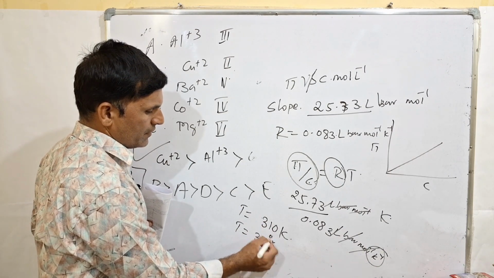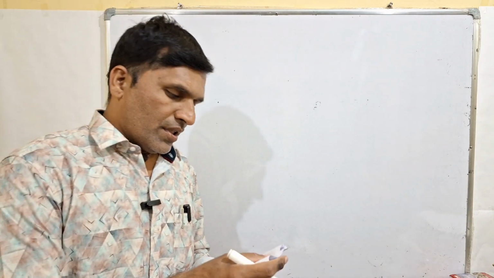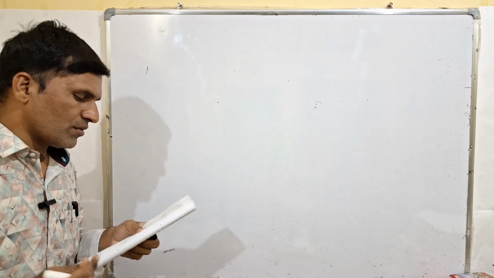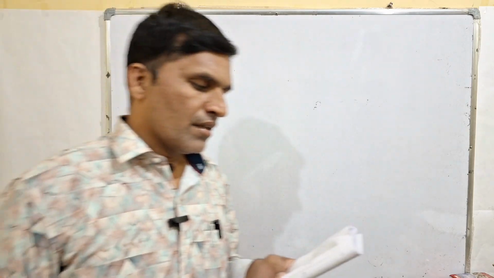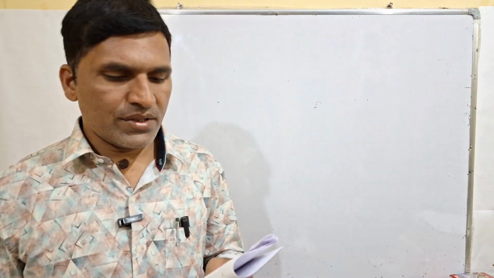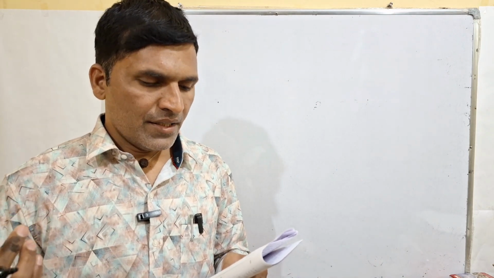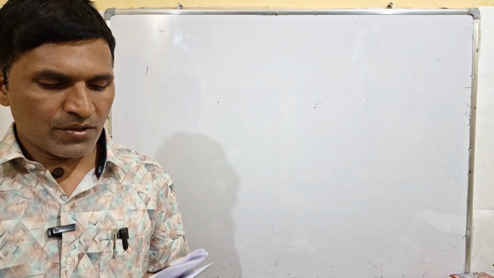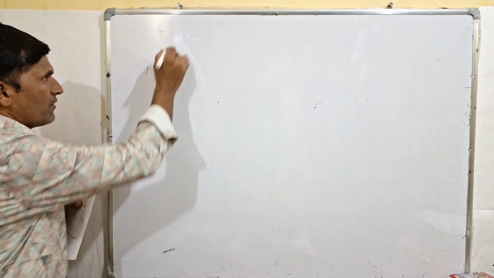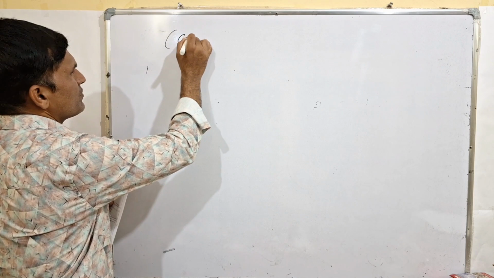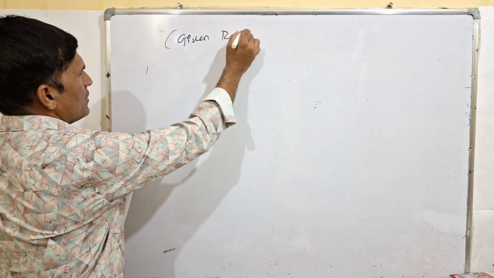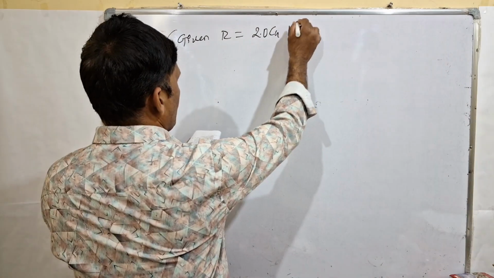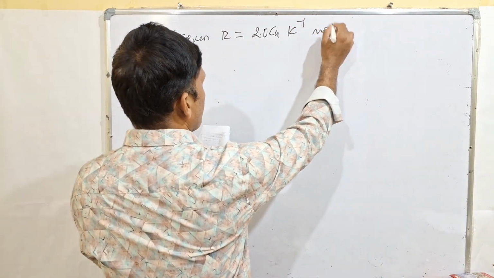Therefore the temperature is 37 degrees Celsius. The next question is the work done in reversible isothermal expansion of 1 mole of hydrogen gas at 25 degrees Celsius from pressure 20 atmosphere to 10 atmosphere, and your R value is given: R is equal to 2 calorie per Kelvin per mole.